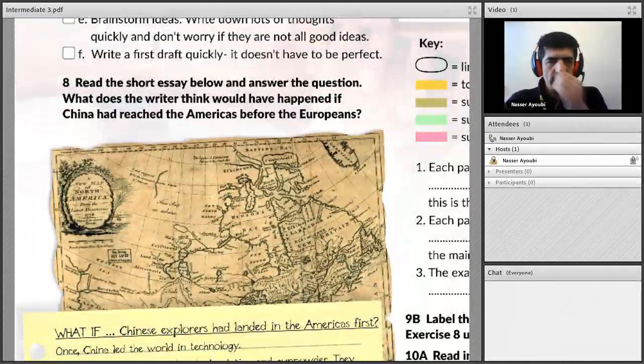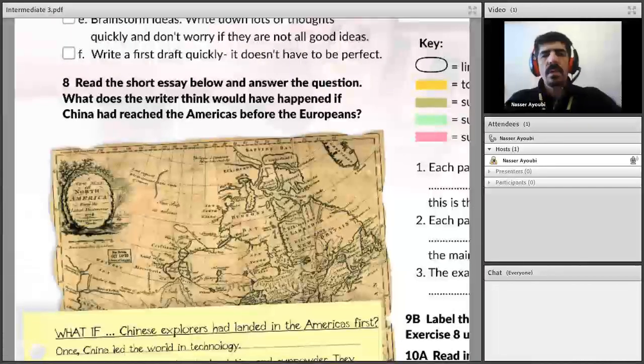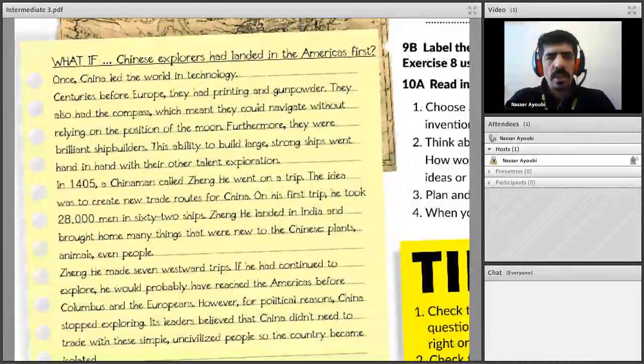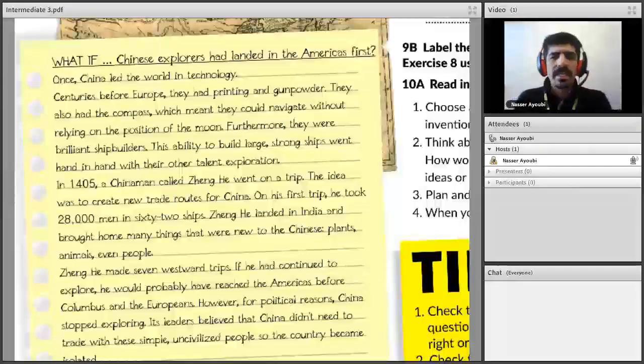What does the writer think would have happened if China had reached the Americas before Europeans? What if Chinese explorers had landed in the Americas first? It says Americas because the whole land of America, South and North and Central, together is referred to as Americas. What if Chinese explorers had landed in the Americas first?